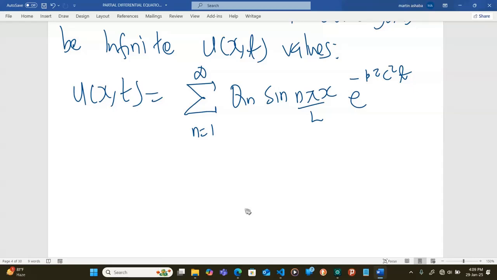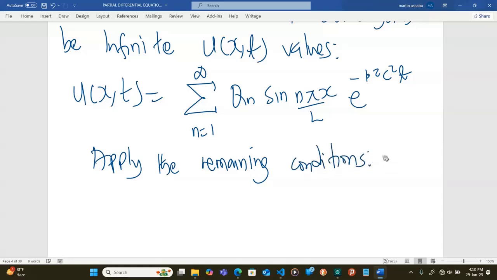What does this now leave us with? We are going to now apply the remaining conditions, and that is the initial conditions, because we want to now determine these constants.